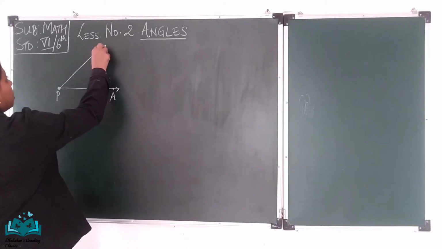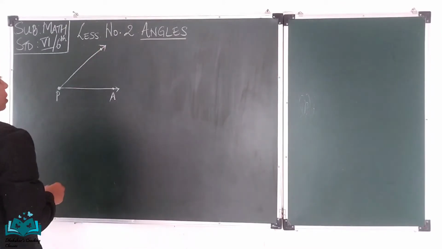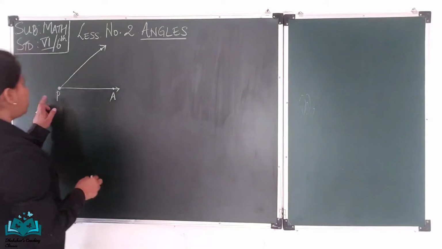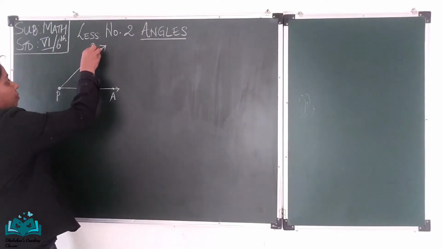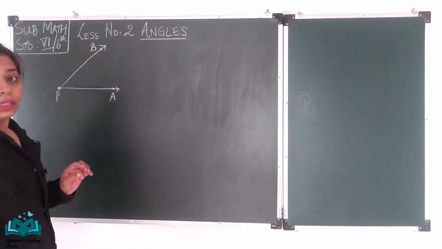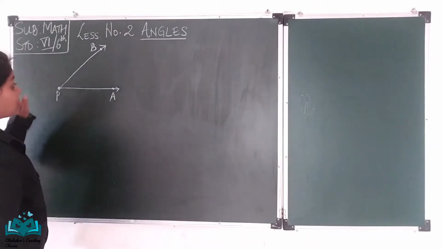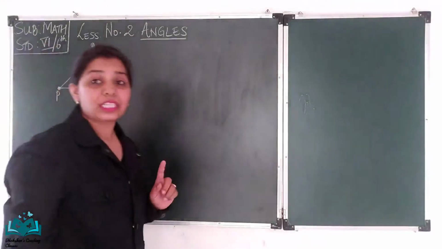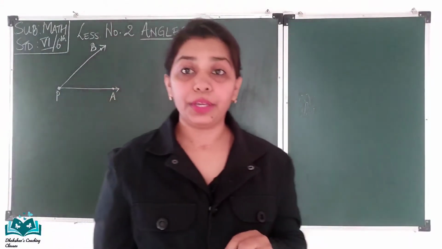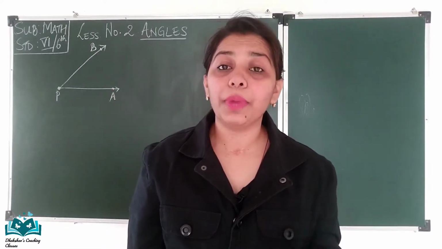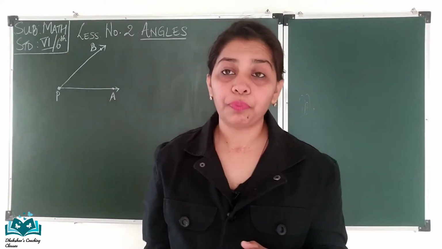Another line originating from the same point P. This is how there are two lines which originate from a single point, that is P, and make an angle.